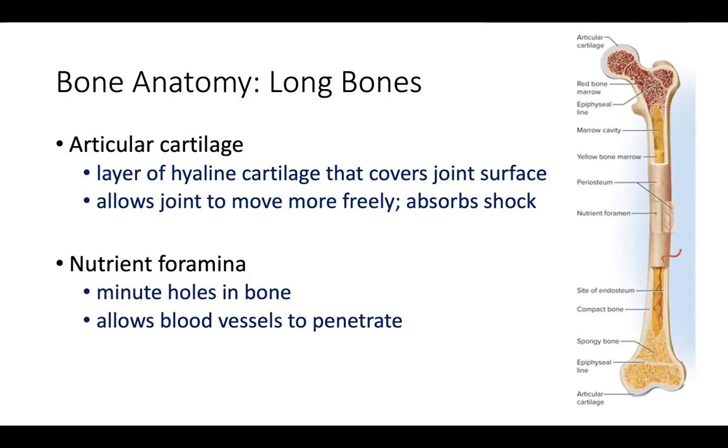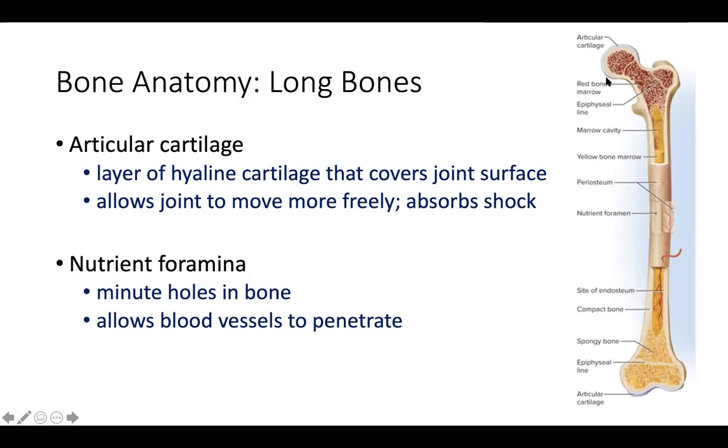The articular part of this cartilage is just saying that there's cartilage at that joint, at that connection between bones. You can see it up here. There's just a thin layer of cartilage at that upper edge of the femur, which is where your femur plugs into your hip.